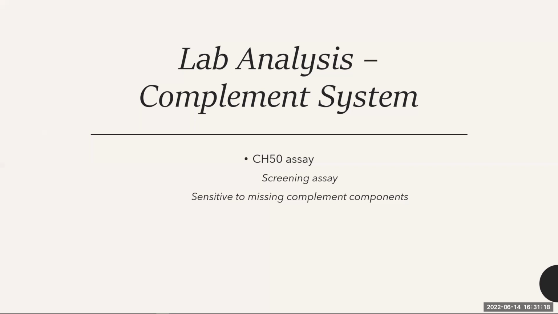If a complement system is absent, the CH50 level will be 0. If one or more components are decreased, the CH50 will be decreased. So therefore, by doing a comparative analysis with a normal, you can then gauge the strength of the complement system.